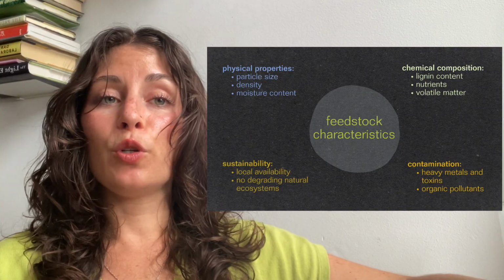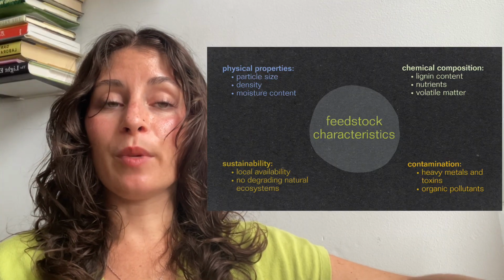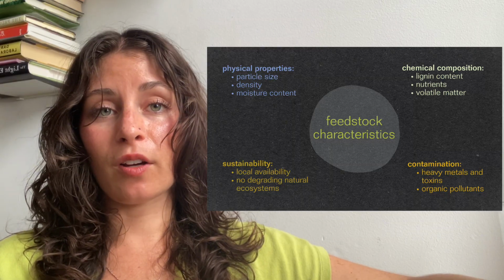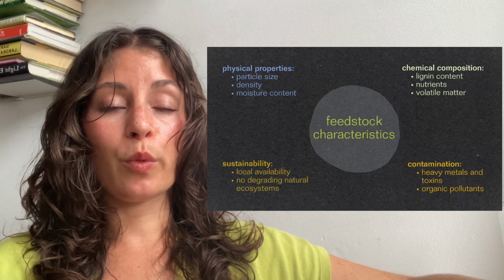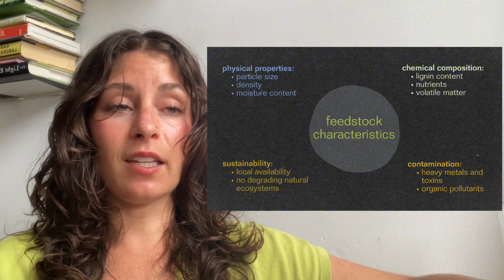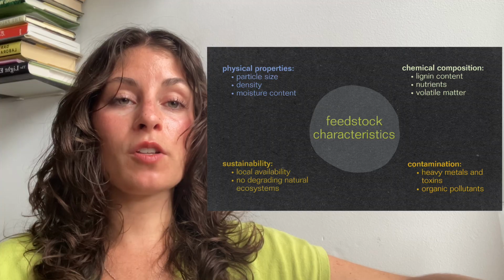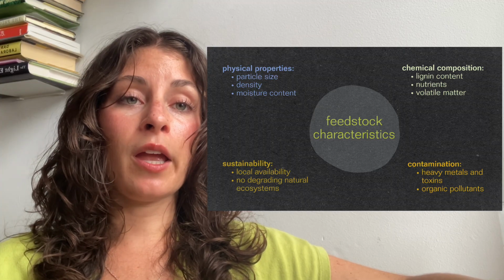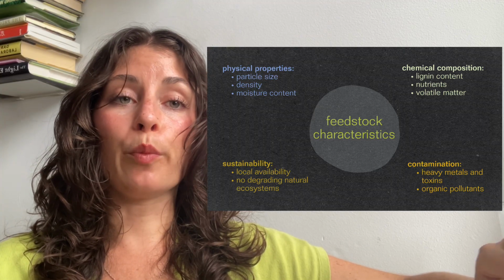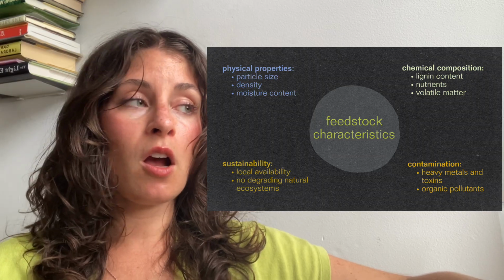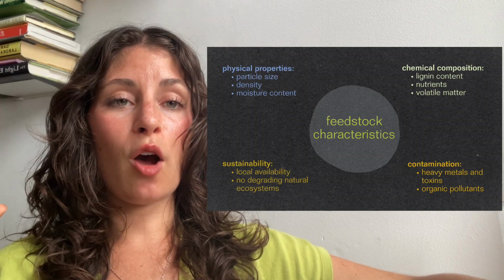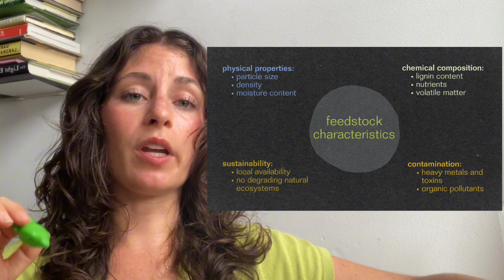Then we have the nutrients. What are going to be the nutrients of that feedstock just on its own before it hits the heat? We also have volatile matter. Volatile compounds burn off at a certain temperature and easily turn into a gas.